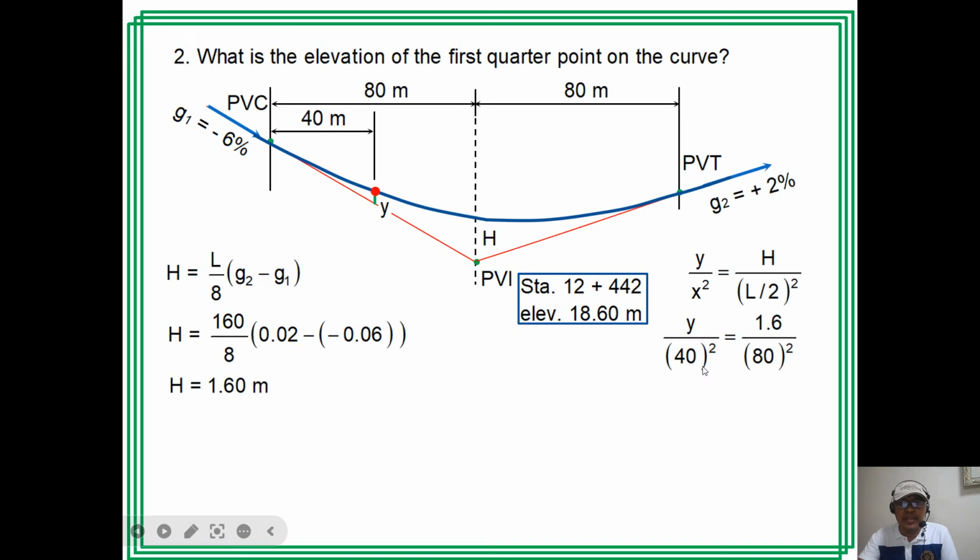When X is 40, Y is 0.4. So, the elevation of the first quarter point is the sum of PVI elevation, which is 18.6, plus this red distance vertical, plus the Y.